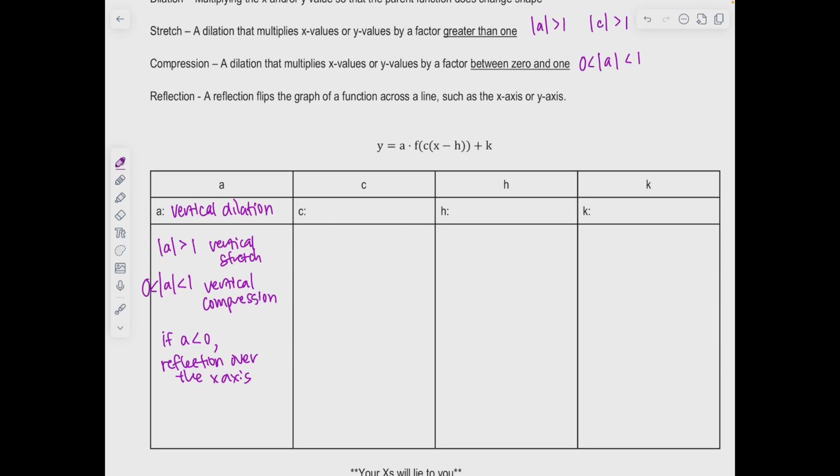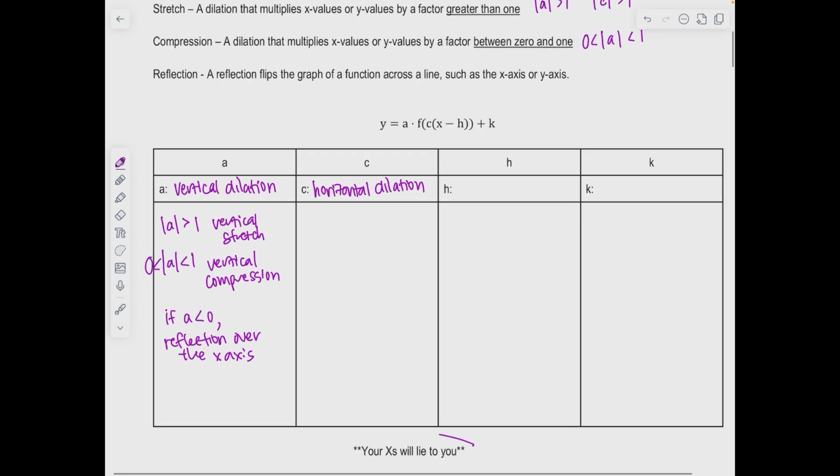The c value you're not going to see too often, okay, but the c value controls the horizontal dilation. Okay, now see here where it says your x's are going to lie to you? Whatever your c value is, that's not your dilation factor. You actually have to take the reciprocal of c to determine the dilation factor.